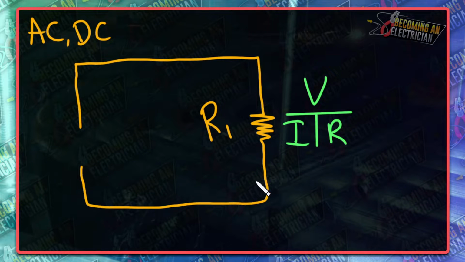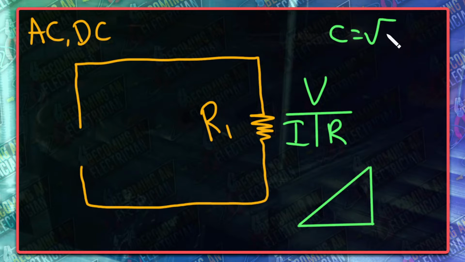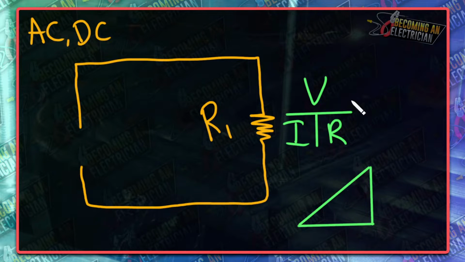When you have inductance and capacitance, that is where you're going to have to start getting into these triangles and doing the Pythagorean theorem, C squared equals A squared plus B squared. We're not covering that at all in this video, but it's important for you to at least see this right now, so that once you start getting into it in your schooling, you've seen it and you understand it's coming.